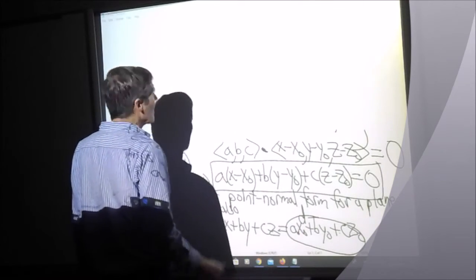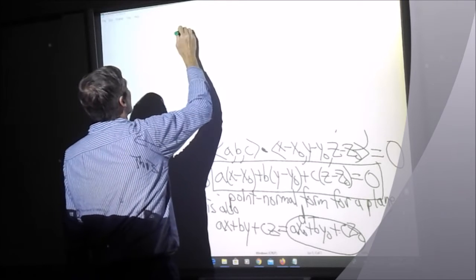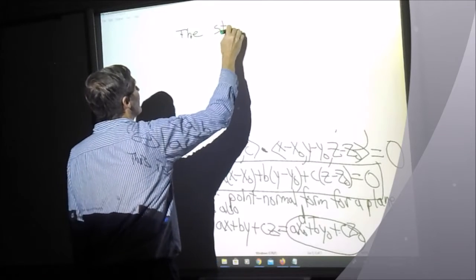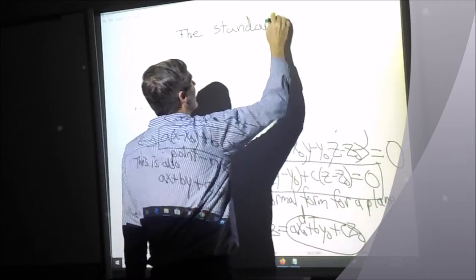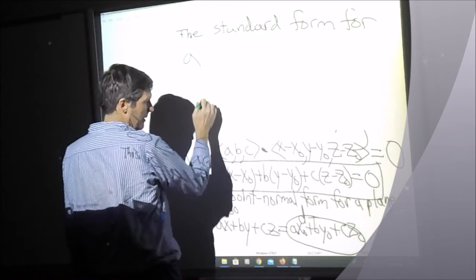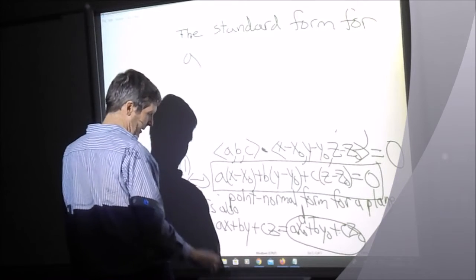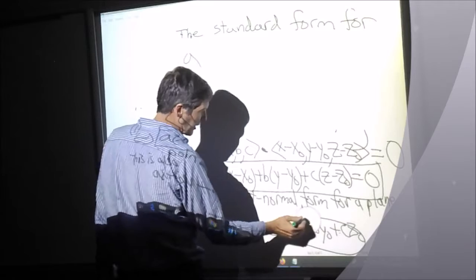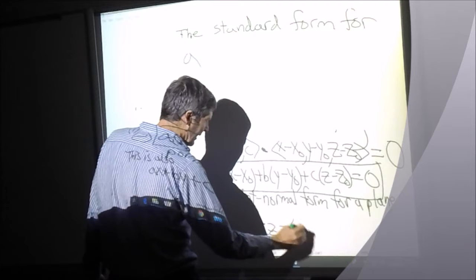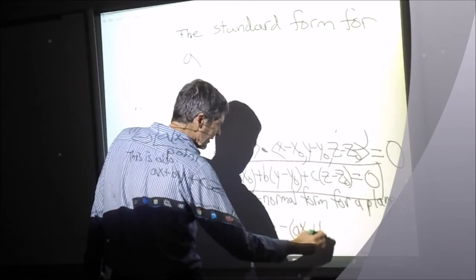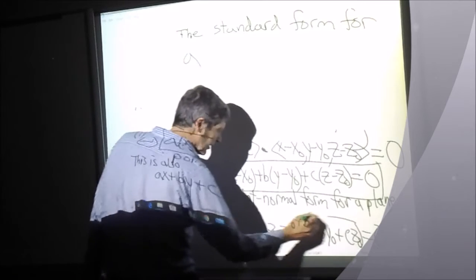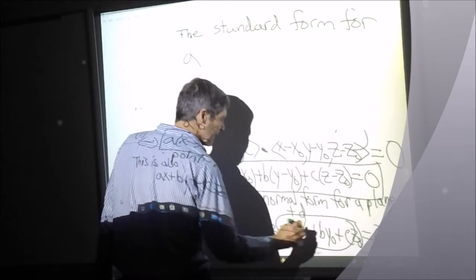And so the standard form for an equation of a plane, actually, remember in this book they put d on the other side. Let's call this minus ax0 plus by0 plus cz0, and we'll call all this with the minus sign plus d, and we'll write it like that.